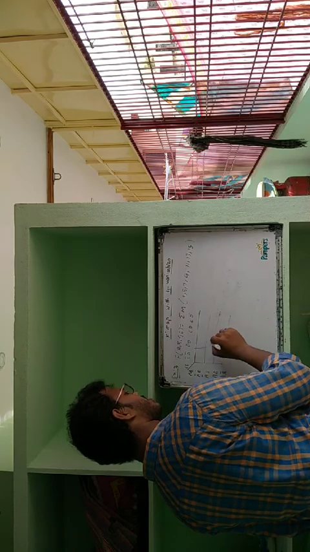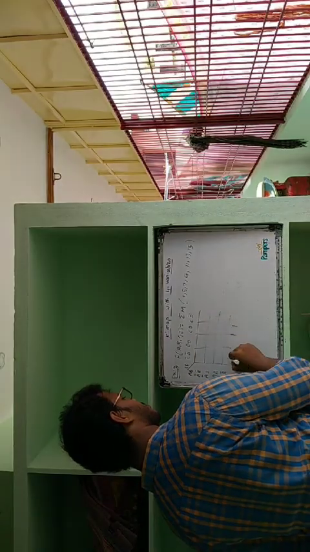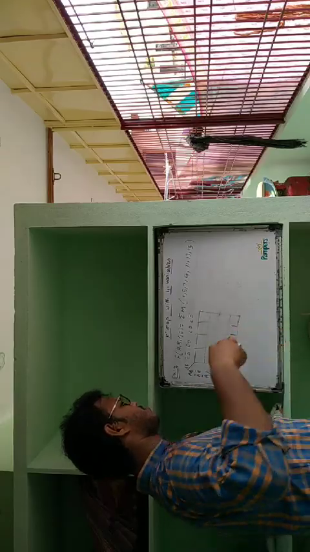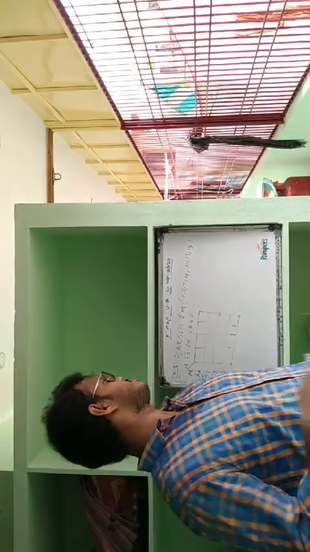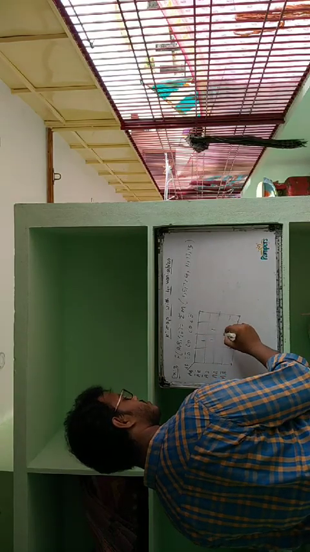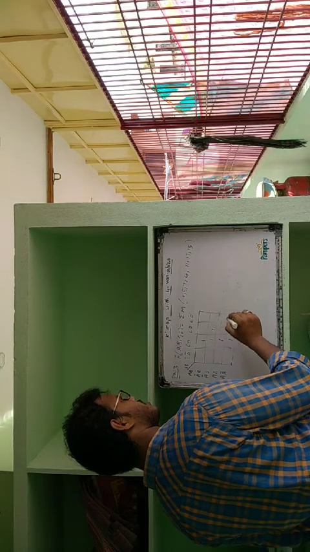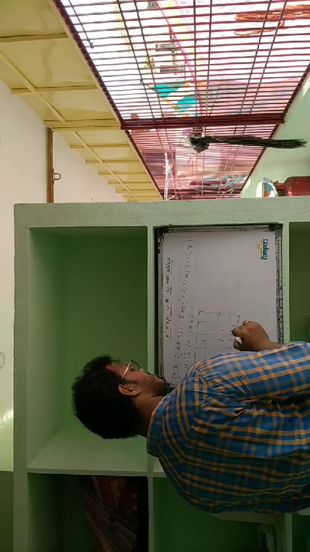We have to make a table of 16 cells. Okay. One, 7, 9, 11, 13, 15.